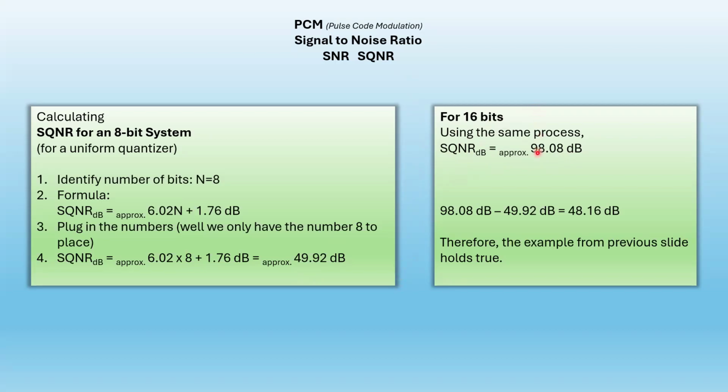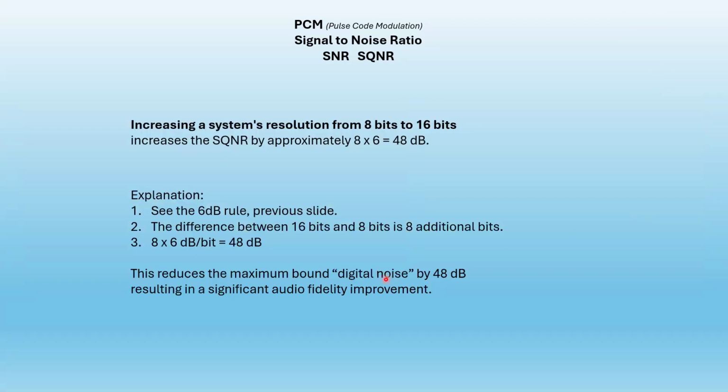And if we take that and subtract that number, we're going to get the improvement between 16 and 8-bit, which is about 48.16 dBs, which is the answer to the previous tricky question.